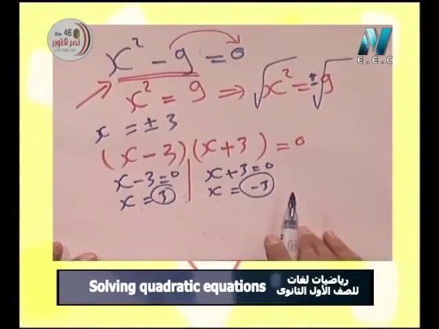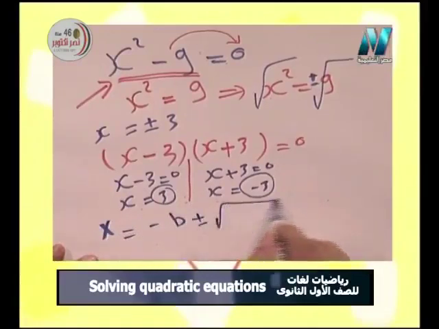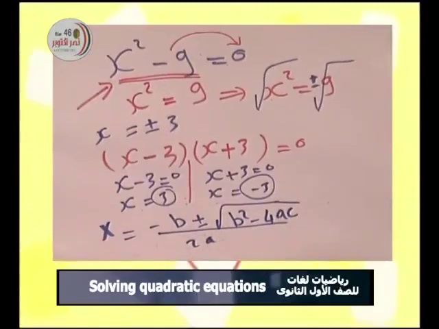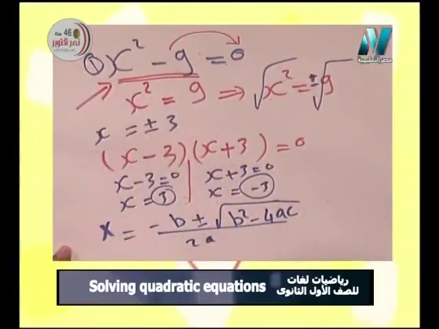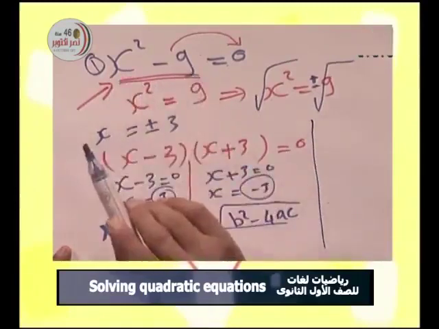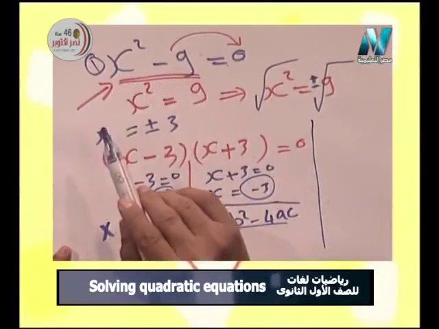Some of you used the formula x equals negative b plus or minus the square root of b power 2 minus 4ac over 2a, and we have a equals 1, we have b equals 0. Why 0? We have no x here, so its coefficient will be equal to 0.